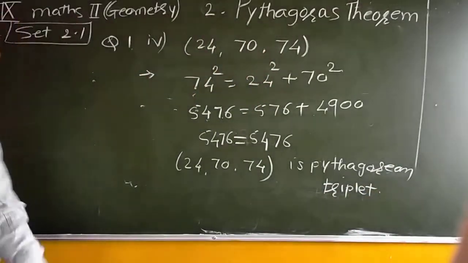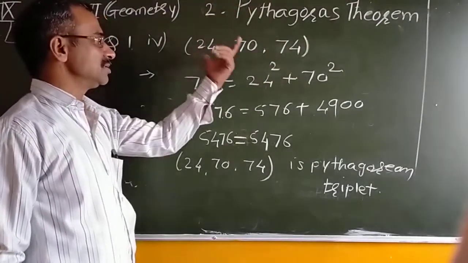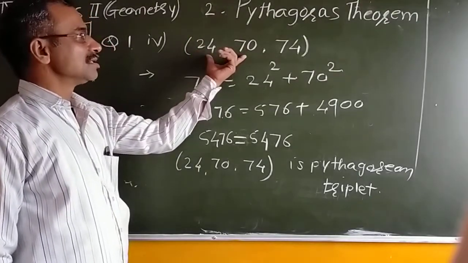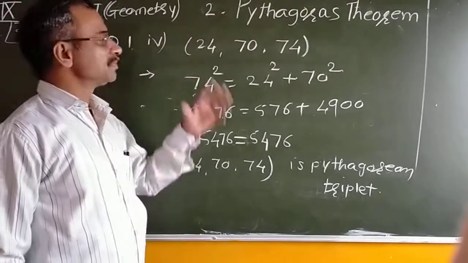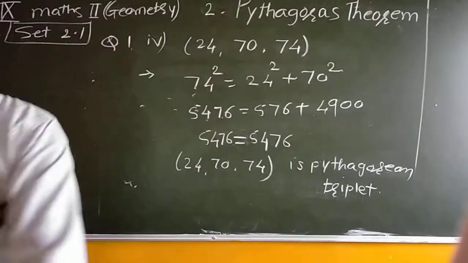Now again and again we are using that rule: the square of the higher number is the sum of the squares of the other two smaller numbers. If the condition is satisfied, then the triplet is a Pythagorean triplet.